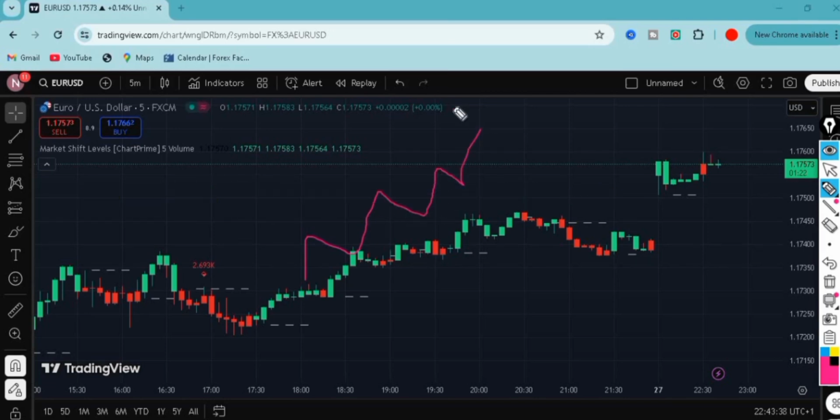This is actually an uptrend, and so guys, when the market is actually trending to the upside, we actually have something we call a higher low, which is basically this one right here, and as well we have a higher high. Okay, and so guys, for an uptrend to be valid, you're supposed to know the lines below, or rather the level below, which is actually our higher low, or rather these levels right here, they have to be respected.